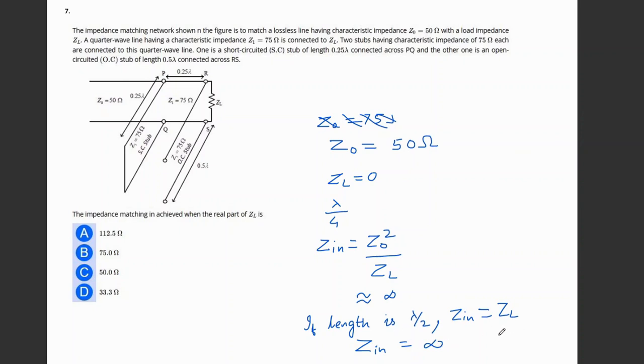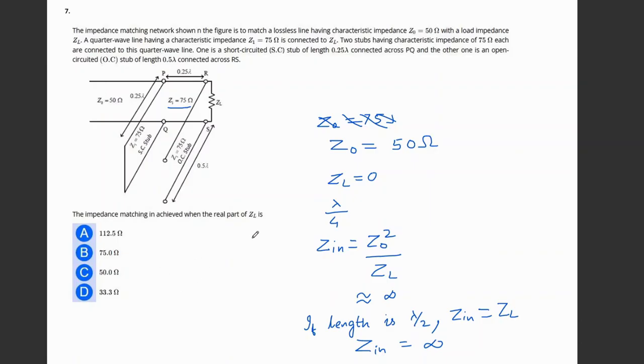So effectively we have only a transmission line of characteristic impedance Z1 equal to 75 ohm and the load ZL. And we are asked to match this with the original transmission line, which has a characteristic impedance of 50 ohm.